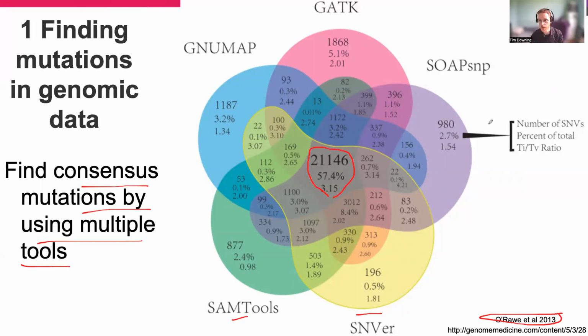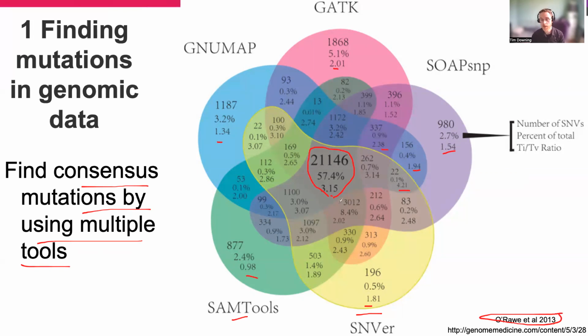And what you can see there as well is the TI-TV ratios are listed. And you see that as we get more and more SNP callers involved, they tend to increase. Sometimes they're a bit higher, like 4.2 there, but the one in the middle is 3.15, whereas the ones at the edges are all lower, suggesting that they may have incorporated ones that are not actually true because they've incorporated more transversions.